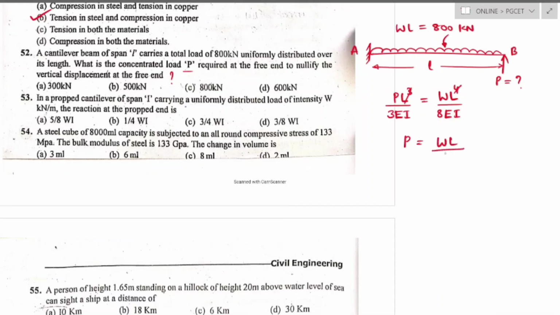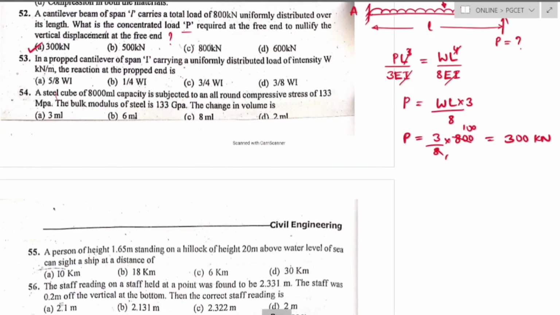P is equal to W into L multiplied by 3 by 8. Therefore, P will be 3 by 8 multiplied by WL, which is 800 kilonewton. 8 ones are 8, 8 threes are 24, so the concentrated load will be 300 kilonewton. Option A is the right answer.